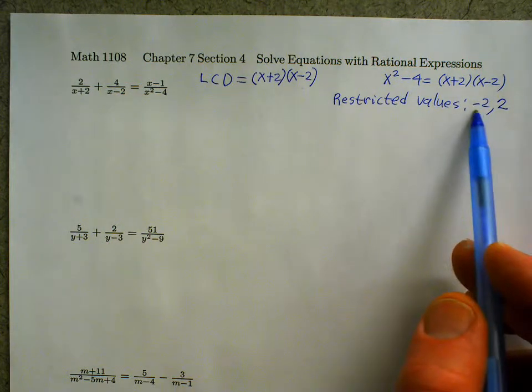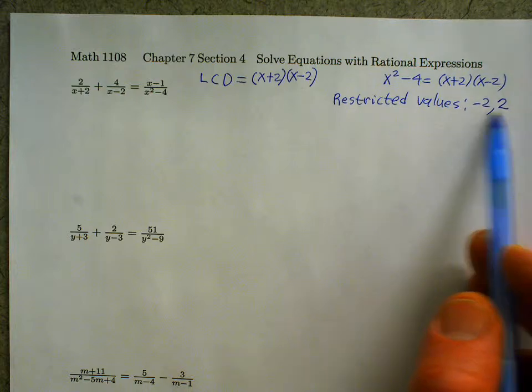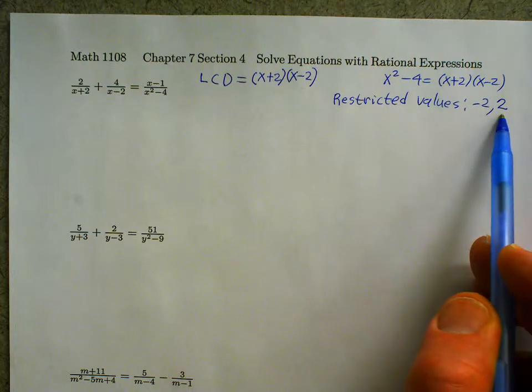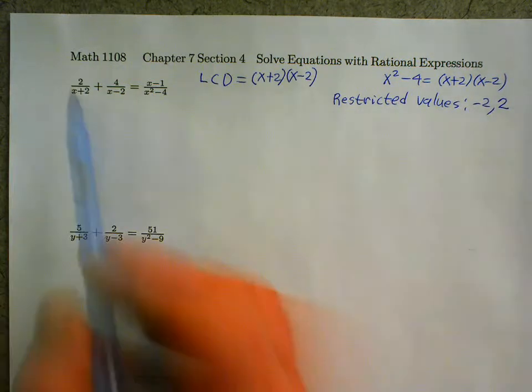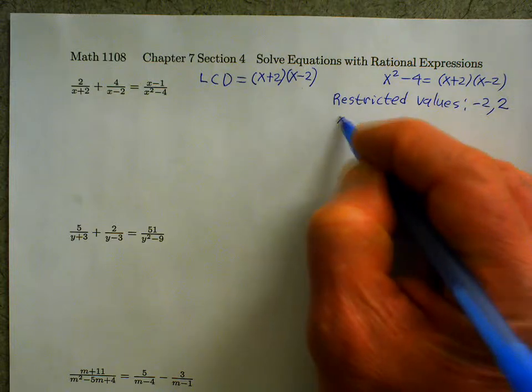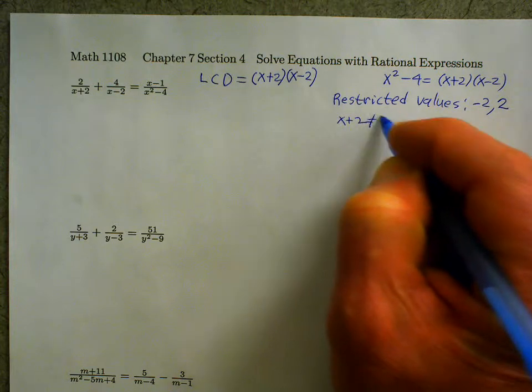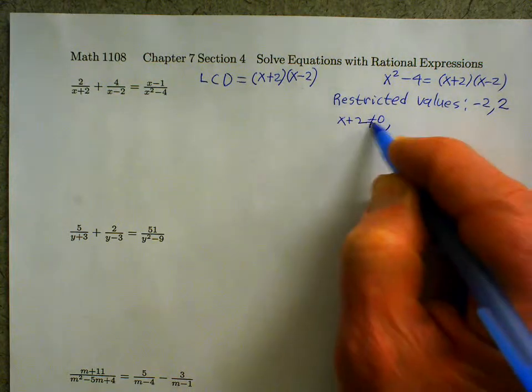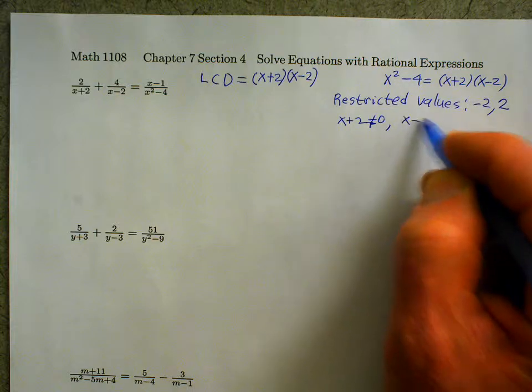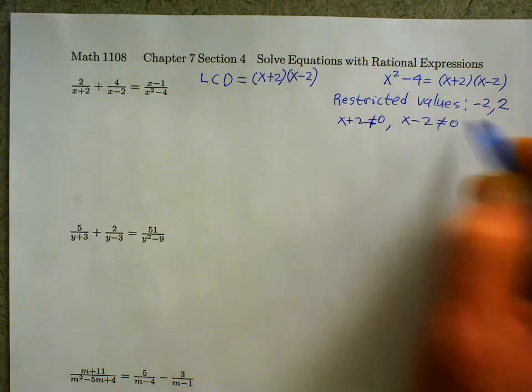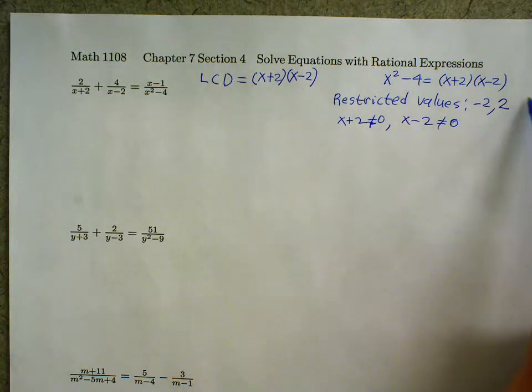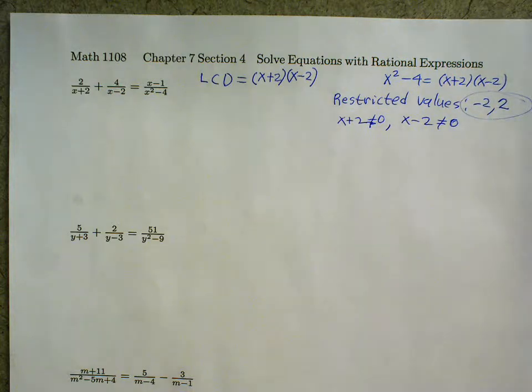So the only restricted values are negative 2 and 2. That's because x plus 2 is not permitted to be 0, and x minus 2 is not permitted to be 0. So we just say that the restricted values are negative 2 and 2.